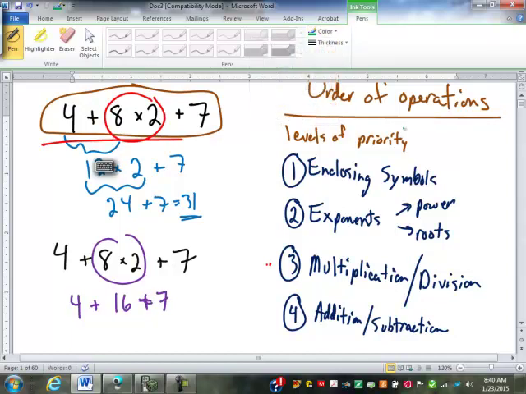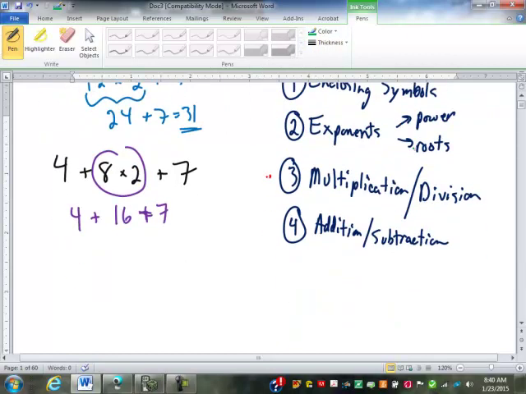Now with this problem, the only thing that's left is a couple of additions. So that's the only thing we have on our list. There are 2 additions to figure out what to do first. Now we work left to right. Everything is on the same level of priority, you go left to right. So 4 and 16 make 20, plus 7 is 27. So that would be our correct answer.